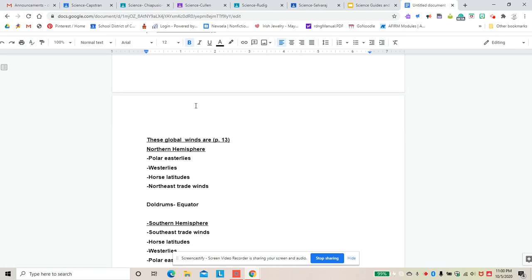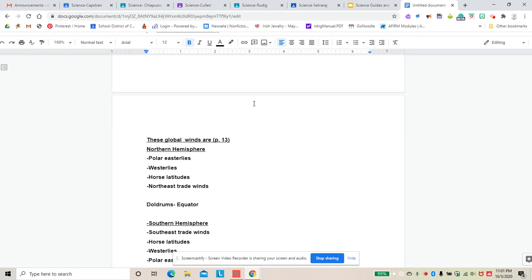Okay, you can read on each of these winds. In the northern hemisphere, you have polar easterlies, the westerlies, the horse latitudes, and northeast trade winds. And then in the southern hemisphere, you have the southeast trade winds, horse latitudes, westerlies, and the polar easterlies.